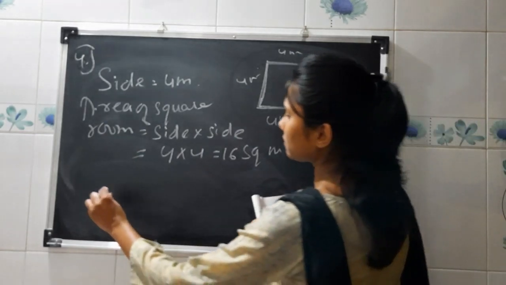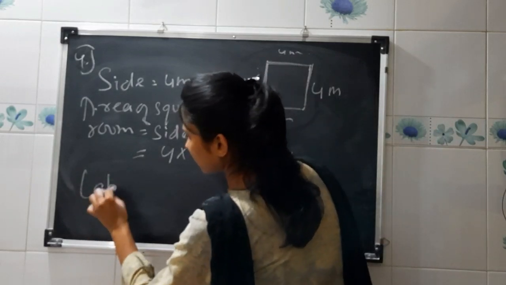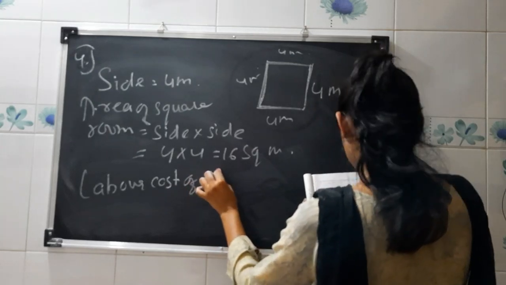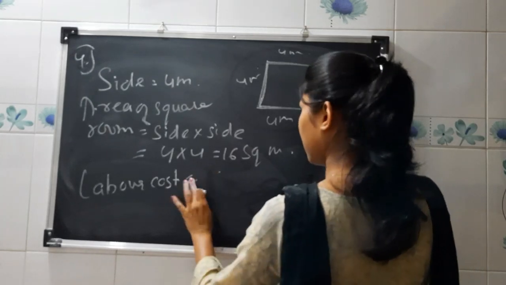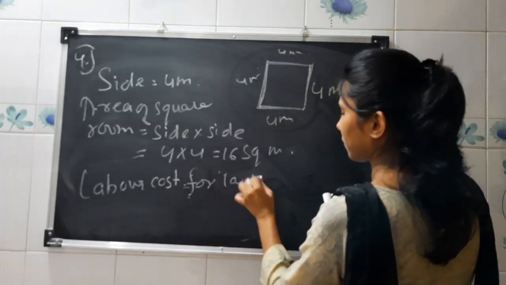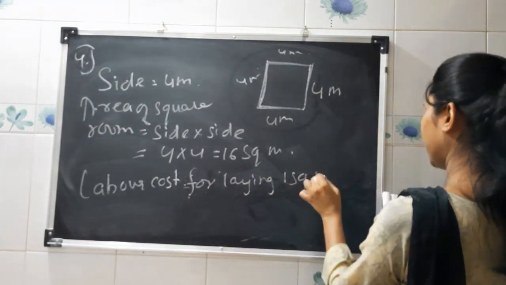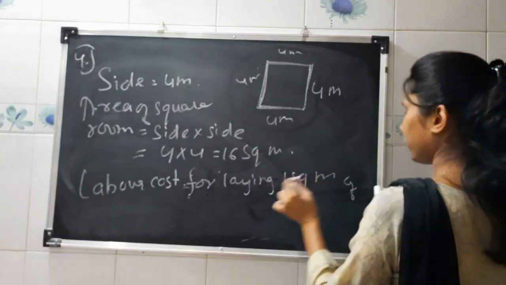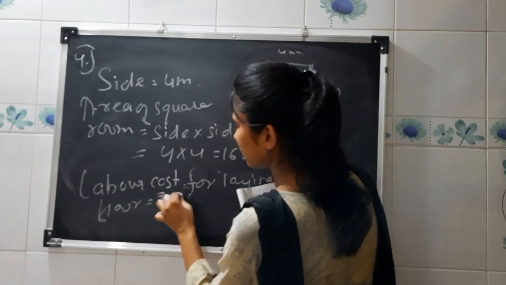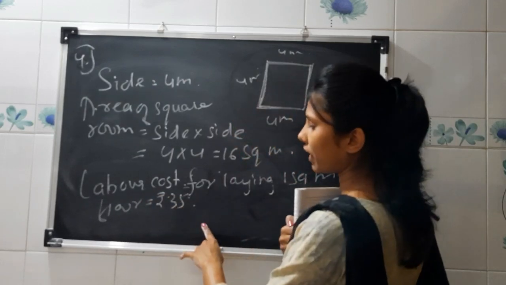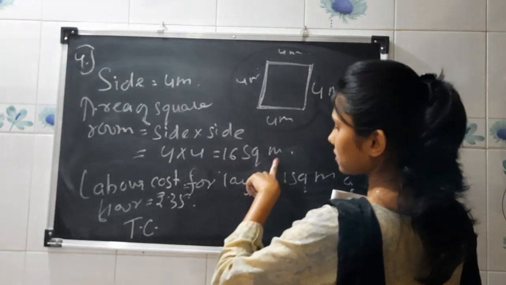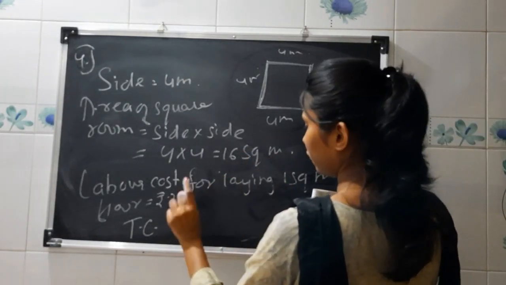Means the labor cost for laying 1 square meter of floor is rupees 35. You have to find out the total cost of 16 square meters of floor.